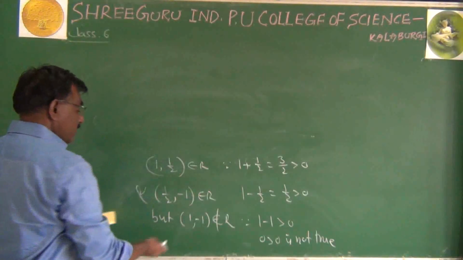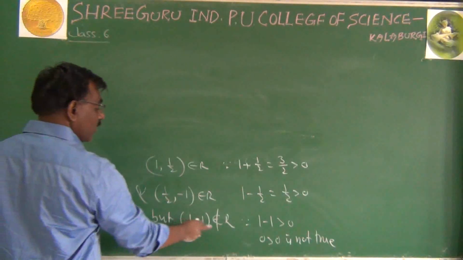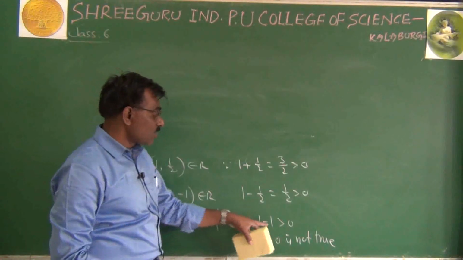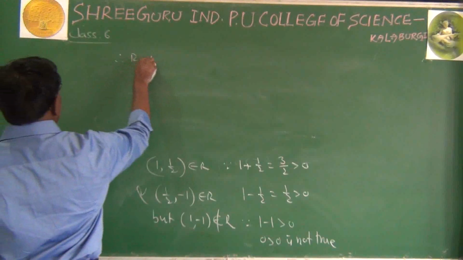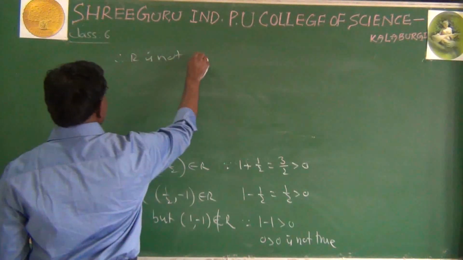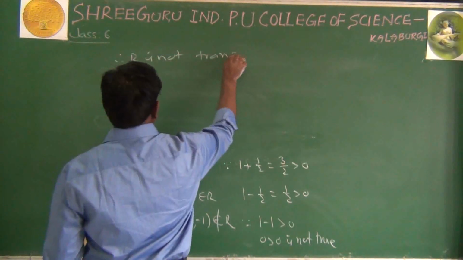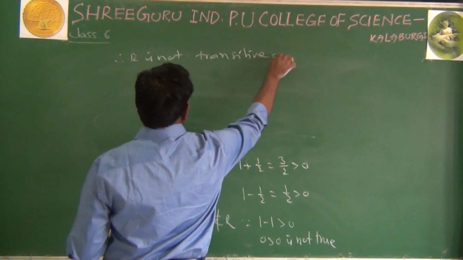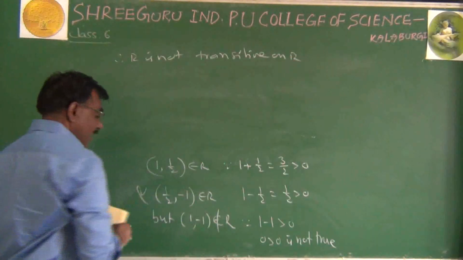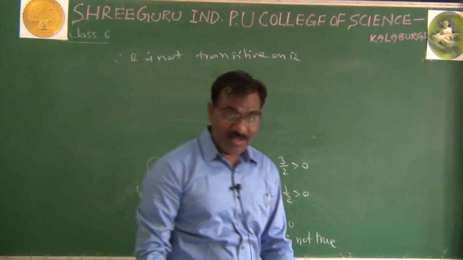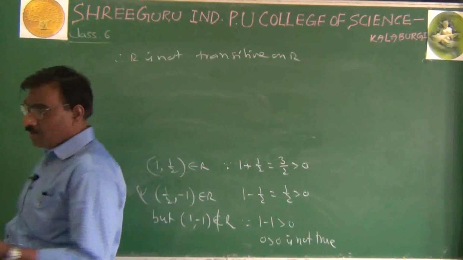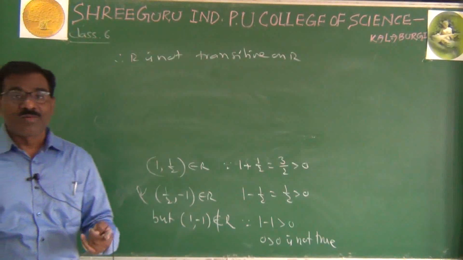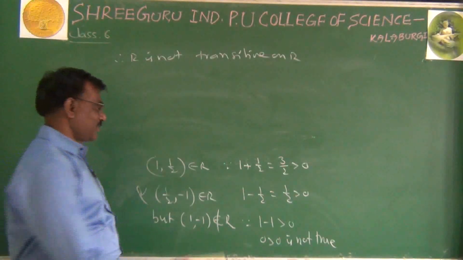So what is the answer? (1, minus 1) does not belong to R because 1 minus 1 is 0, and 0 greater than 0 is not true. Therefore R is not transitive on R. Hence the relation R is reflexive, symmetric, but not transitive.